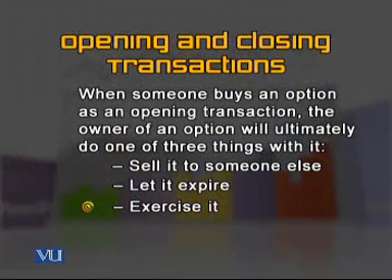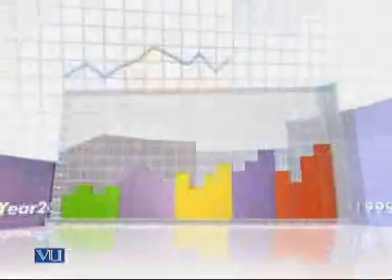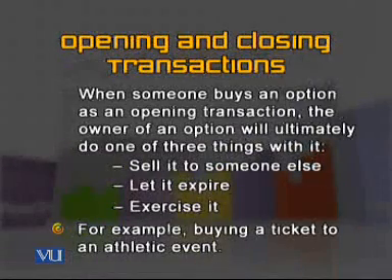Either you could sell it to someone, you could let it go to waste by letting it expire unused, or you could exercise it. It's an option. For example, buying a ticket to an athletic event is an option. You could sell the ticket to someone else.